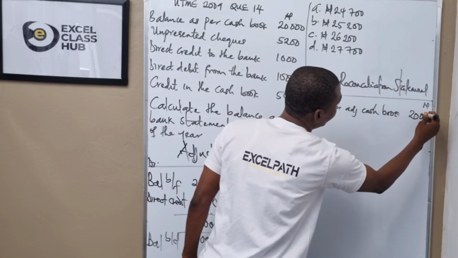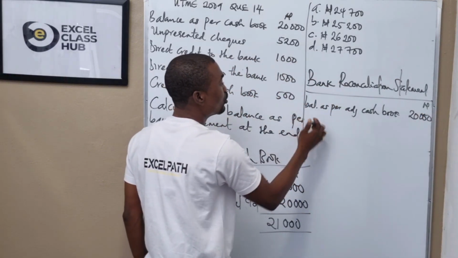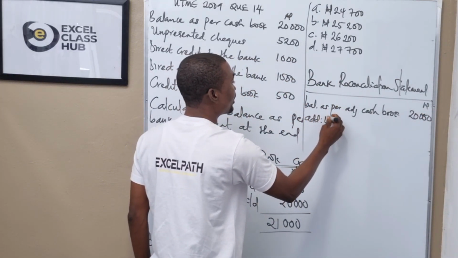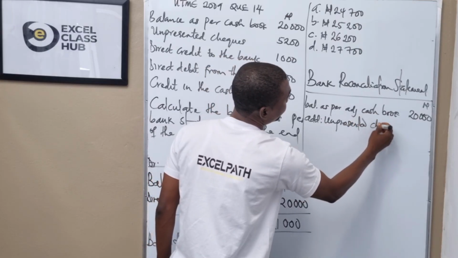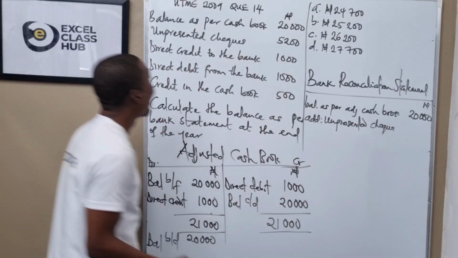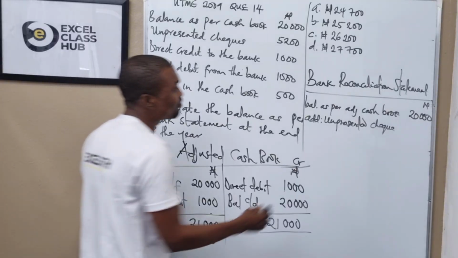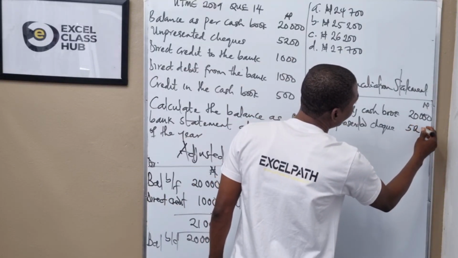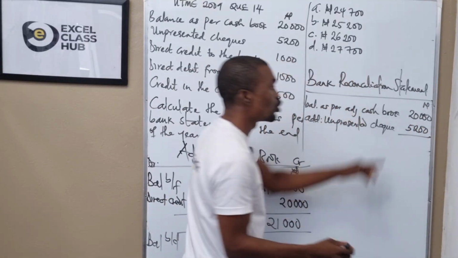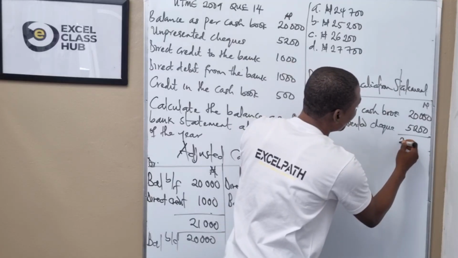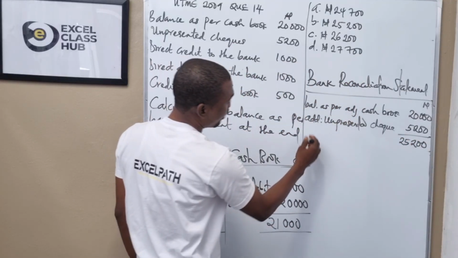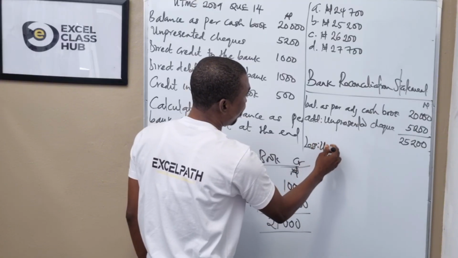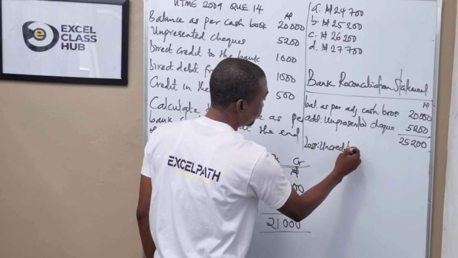You write it down. Then you add your unpresented check, which is the same thing as outstanding check. Our unpresented check is 5,200. So 20,000 plus 5,200 will give us 25,200.